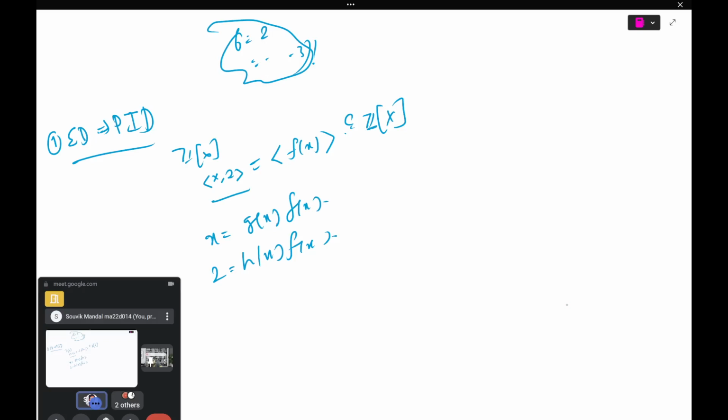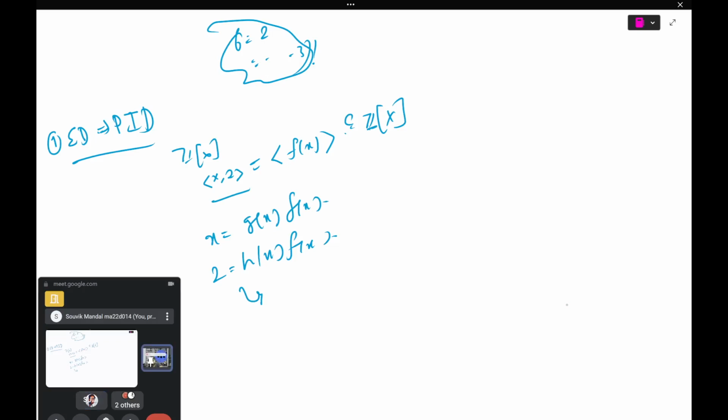Now if we consider the degree of both sides, in the case of 2, the degree is 0. 2 is a constant, so h(x) times f(x) must be constant.